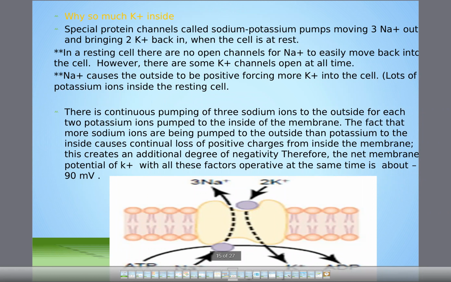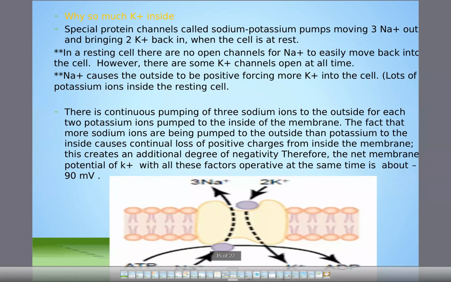We said that when stimulation happens, potassium goes outside and sodium enters. There is a continuous pumping of 3 sodium ions to the outside for each 2 potassium ions pumped to the inside of the membrane.